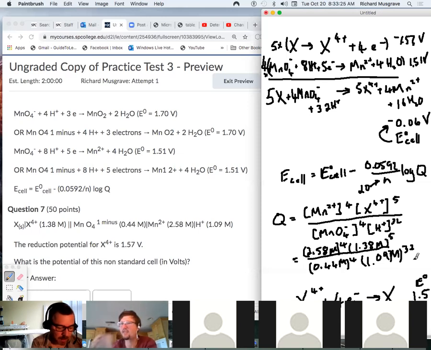All right, so I put that in my calculator. Now remember, you'll be using the Honorlock calculator, so you'll have to practice doing this on the analog calculator. You've got 1.38.